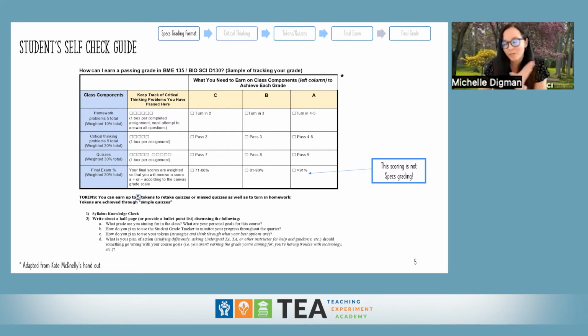I started with a 24-hour format for them to turn in, but then I realized that if they use a token and do a retake, it's hard for me to close it on Canvas and reopen it. So I had to extend the final deadline for taking the quiz. They didn't have a time limit until students could retake the quiz using a token, and then I could close that assignment. So there were some challenges there.